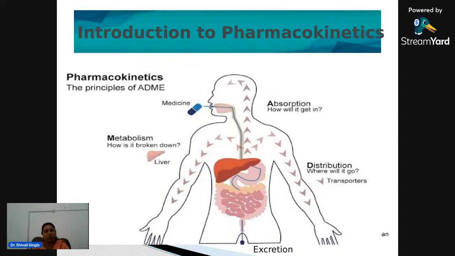If we know how much drug gets absorbed, how much gets distributed, when and how it gets metabolized, and how much is its excretion, we can formulate it outside the body, whether it is to be given by oral route, parenteral route or any other route.